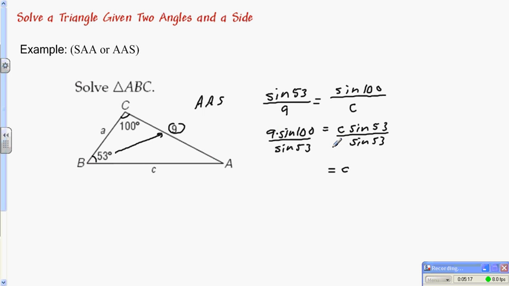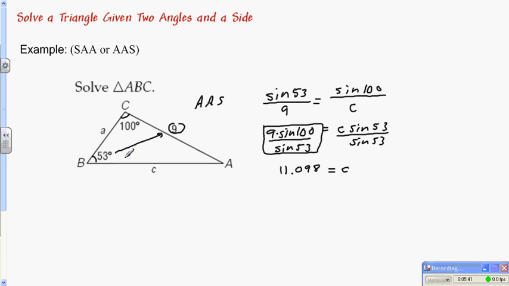Be careful with your parentheses, otherwise you will not get the right answer. And this is the answer you should get. C should be equal to 11.098. If you don't get that, check your parentheses or how you're entering this calculation into your calculator, or check if you are in degrees or radians.